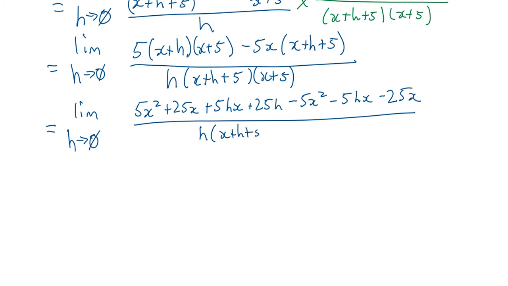And when we look at what is happening on top, take a look at everything that cancels here. 5x squared is gone. The 25x is gone, and this is what has to happen. And the 5h is gone. 5hx is gone. And every term that's left has to have an h in it.